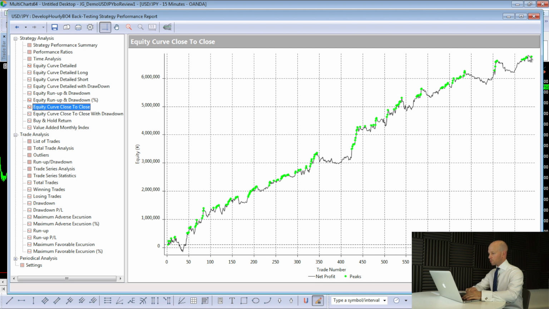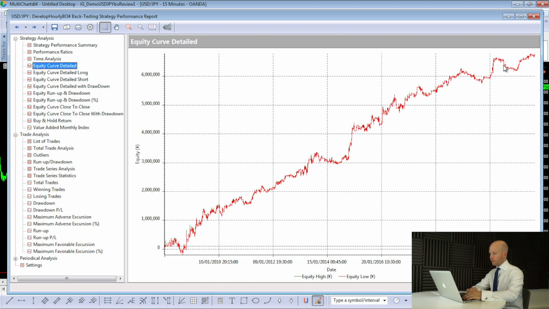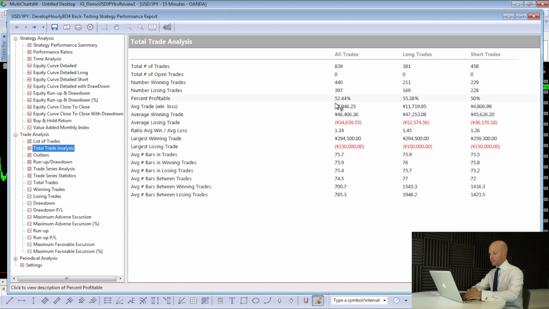And out of interest, let's compare both the equity curve, if you remember what that looks like, and the total trade analysis. In particular, the percent profitable, 52%, average trade is 7,900 yen. Let's compare that to data up until February 2019.